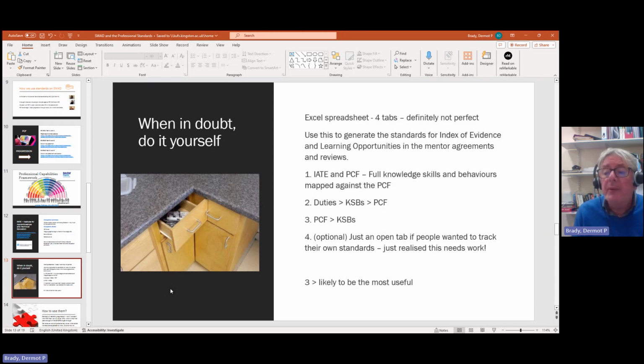We're hoping that, particularly if you start with the PCF, you can use this as a tool, a bit like a logbook they used to have in maths in the last century, to find what KSBs, knowledge, skills, and behavior statements, map against the PCF. PCF is more straightforward in that there are just the 9 domains. We've done as good as we can at the moment, even though it will always be a work in progress.